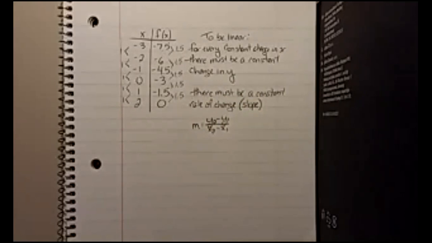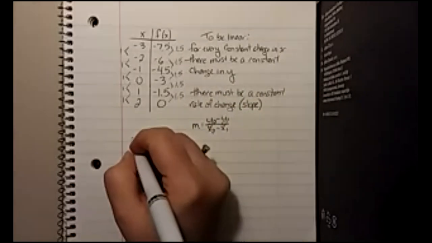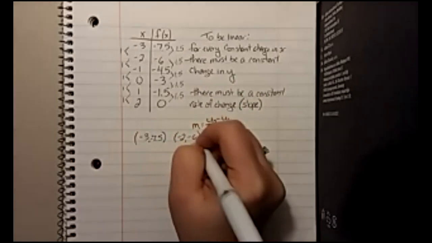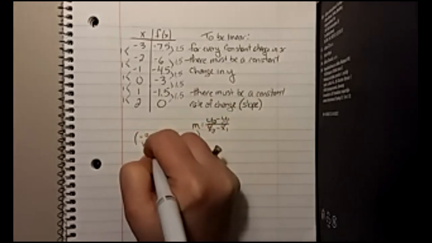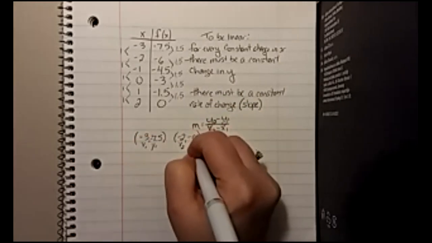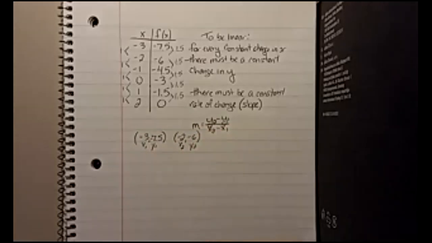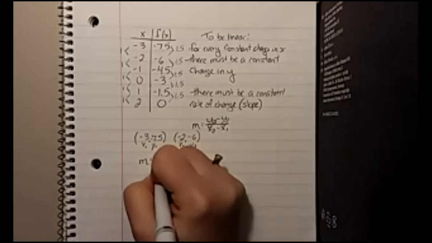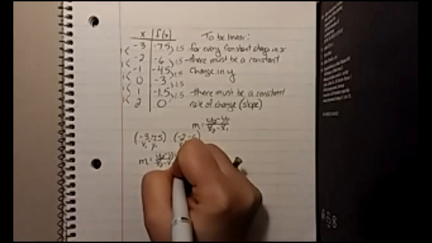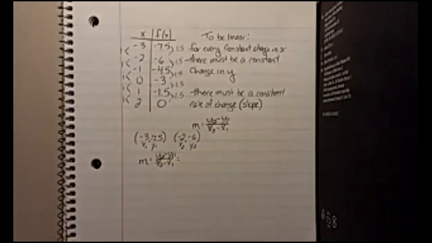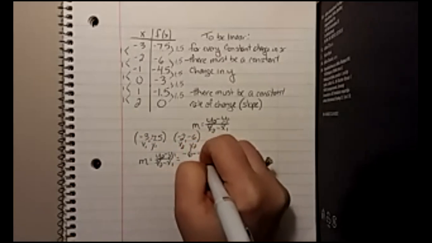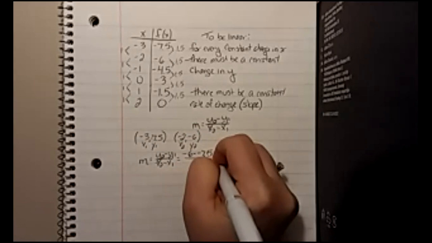I'm going to take the first two ordered pairs, -3, -7.5, and -2, -6. I'm going to call this one x1, y1, and I'm going to call this one x2, y2. If I calculate slope, and do my substitution, this is going to be -6 minus -7.5 over -2 minus -3.